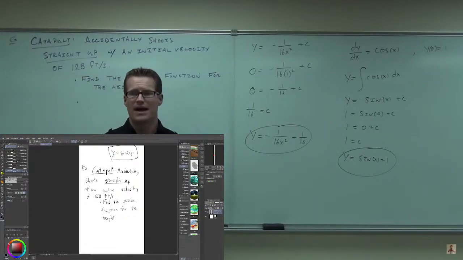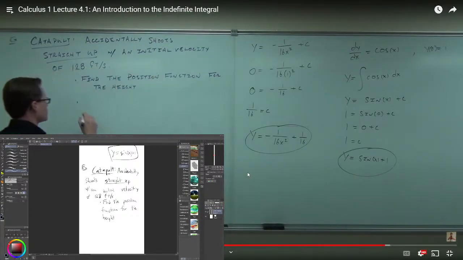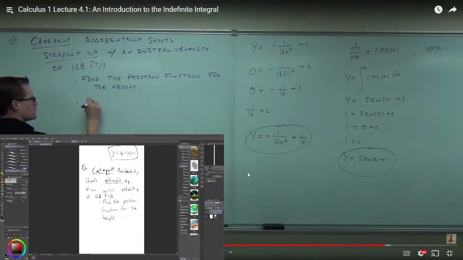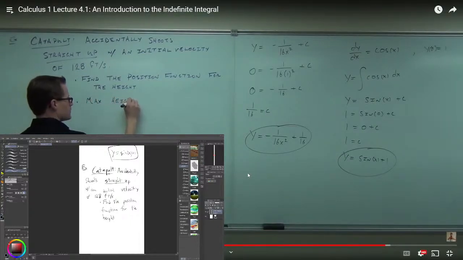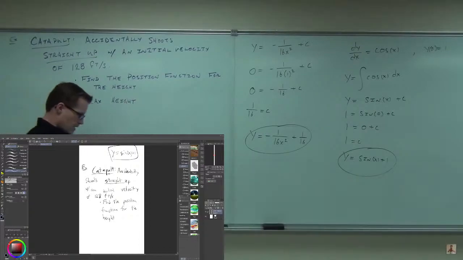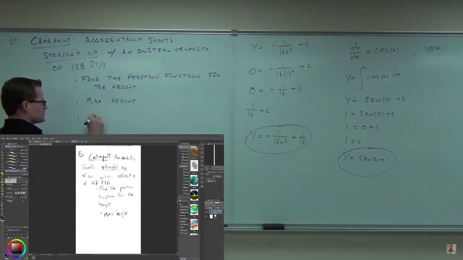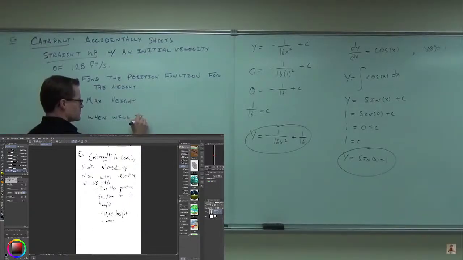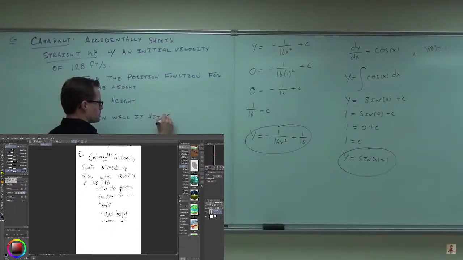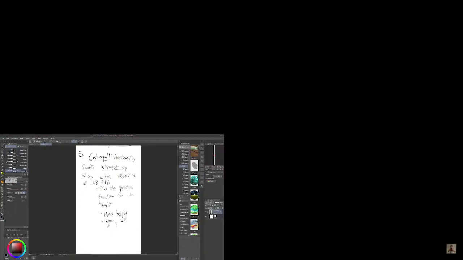I want to know what the maximum height is. And I want to know when it's going to hit you in the head. Actually, when it hits the ground, so hit your foot. When will it land on your foot? When's it going to hit the ground?